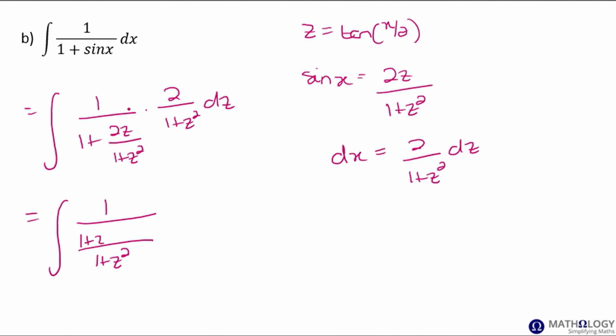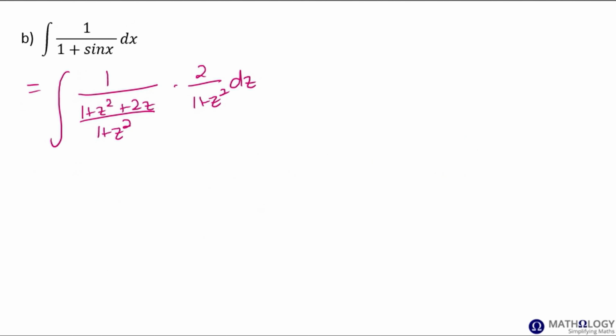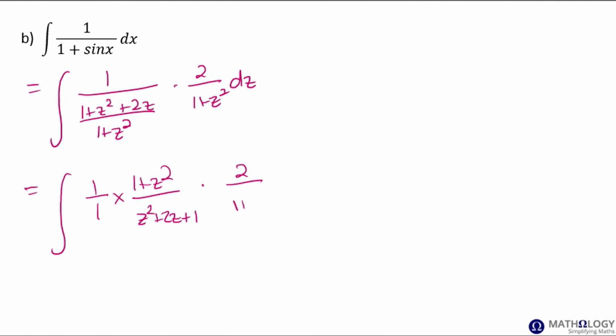So we'll have 1 plus z squared plus 2z over 1 plus z squared times 2 over 1 plus z squared dz. That equals the integral of, going to flip this over, so it'll be 1 over 1 times 1 plus z squared over, in descending powers of z, so z squared plus 2z plus 1 times 2 over 1 plus z squared dz.